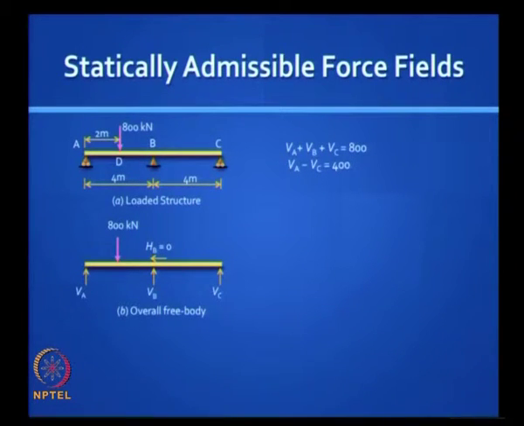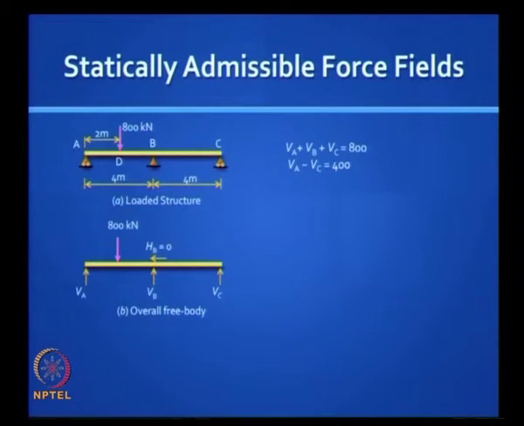If you apply sigma Fy equal to 0, it would turn out that Va plus Vb plus Vc will add up to the applied load, 800 kilonewton, and if you take moments about the point B, for example, you can show that Va minus Vc is 400. That is all that you get. You can write down more equations, but they will be linearly dependent. So this is not enough to solve the problem.